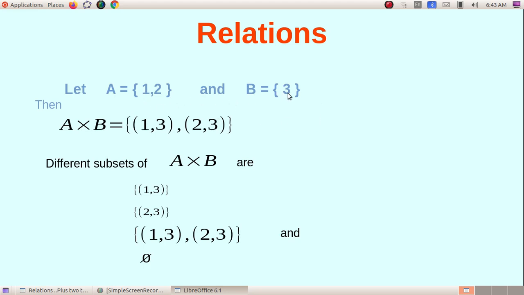As you know, 3 is the number 2 greater than that 1. Okay, (1, 3) is the first relation.